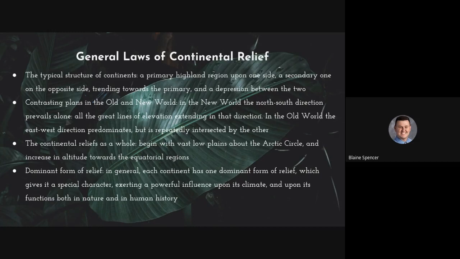All the great lines of elevation extend in that direction. So the further north and the further south, that's how they run. They run in a very similar pattern from the Arctic Ocean or the Arctic Circle up north all the way down to Antarctica in the south. That is the general idea.